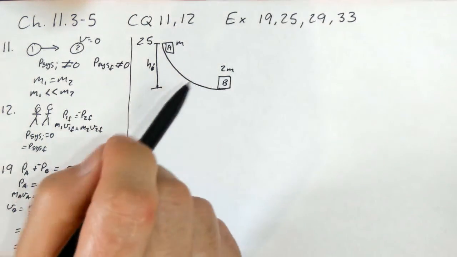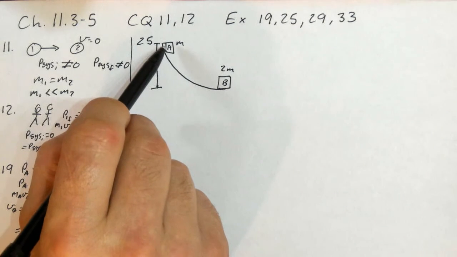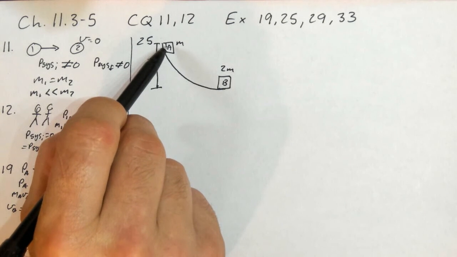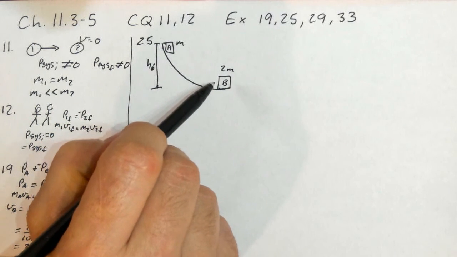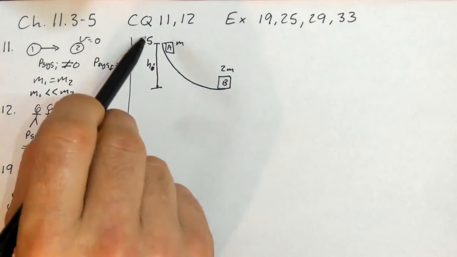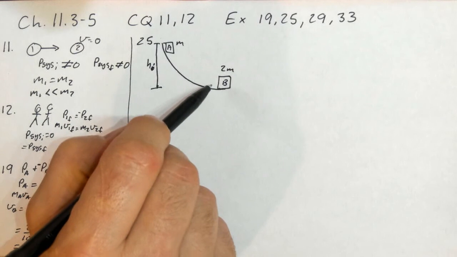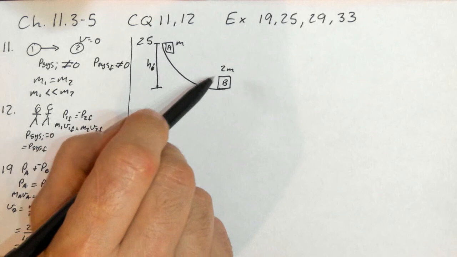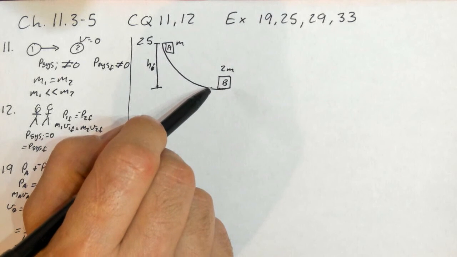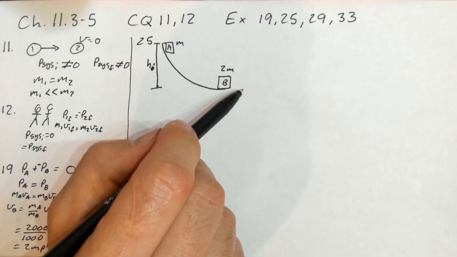So this is a two-part problem. One is conservation of energy to figure out how fast this box is going to be right before it hits. And then once we have that velocity, we can ignore this ramp and just say, now we have a velocity right before, and this one's stationary. We can do a conservation of momentum problem for an inelastic collision to find that final speed.